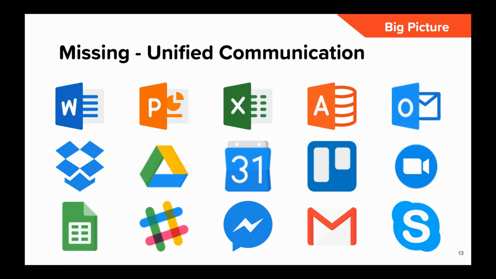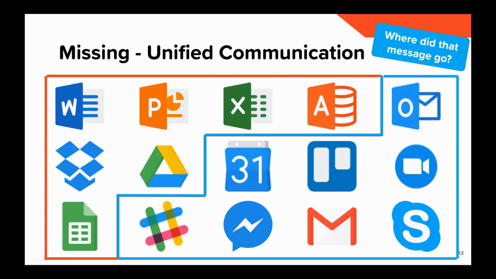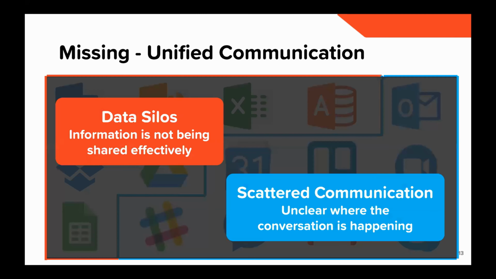The data lives in multiple places, and the conversations about the data are in multiple places. So this information is not being shared effectively. It's unclear not just where everything is, but where we are talking about everything. You could consider it at some level metadata, really just all of these pointers.